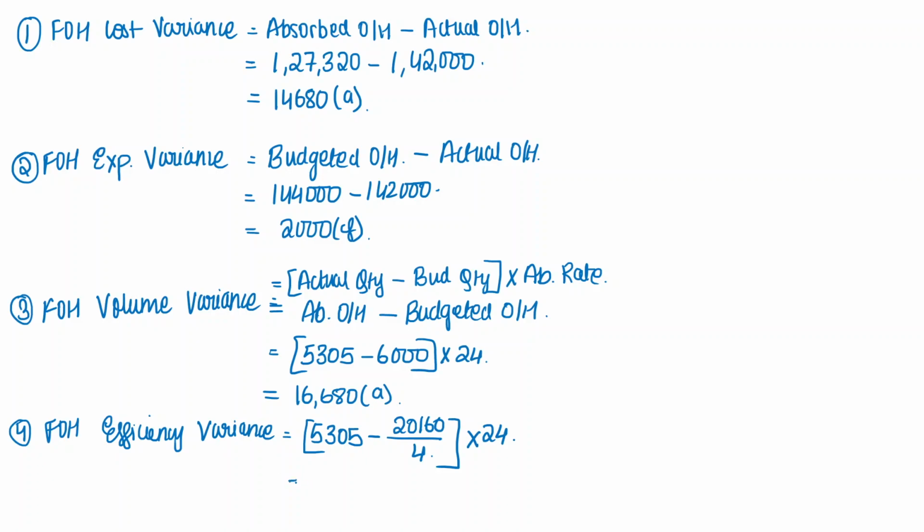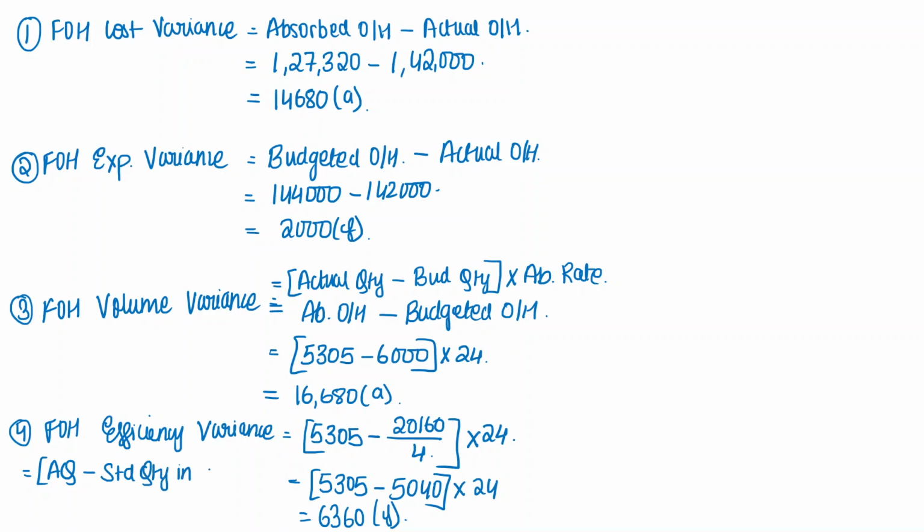So that is equal to 5305 minus 5040. This is the efficiency change into 24. That is equal to how much? Good or bad? Good. So what is the formula? I forgot to write the formula here. 5305 is actual quantity minus the standard quantity in actual time.